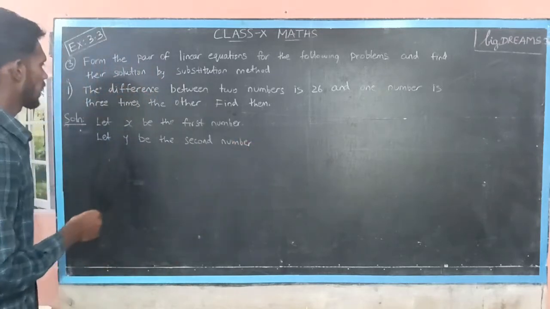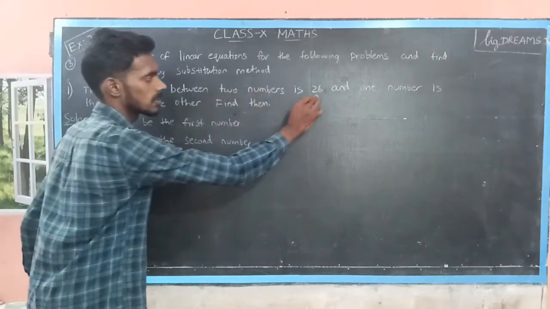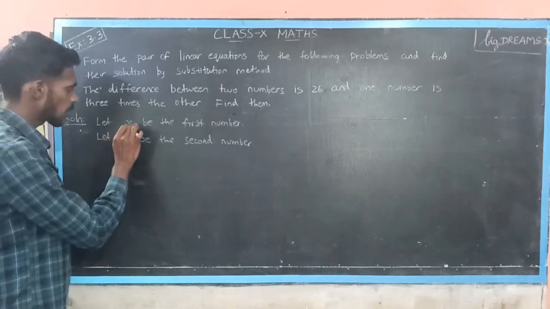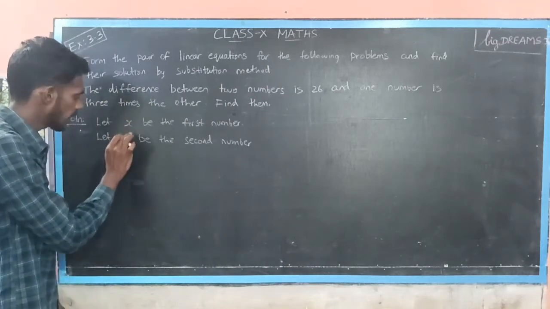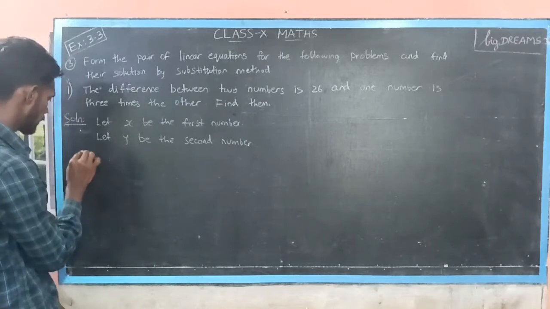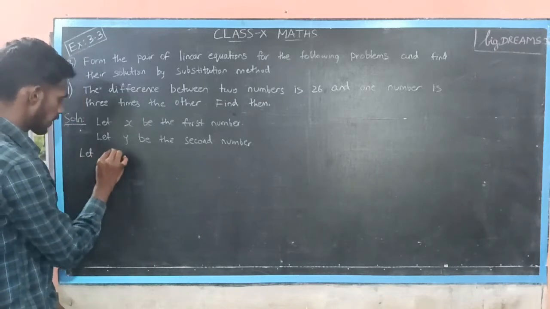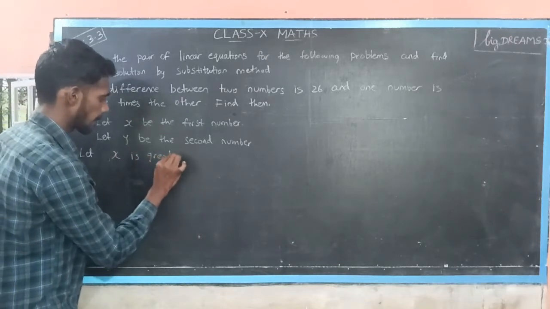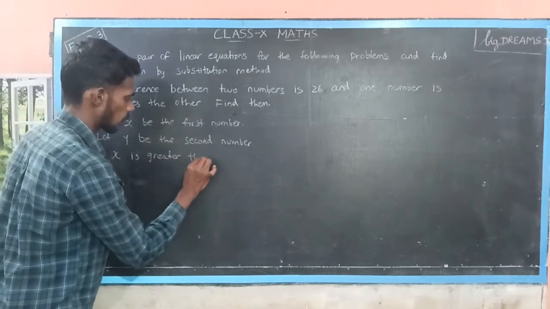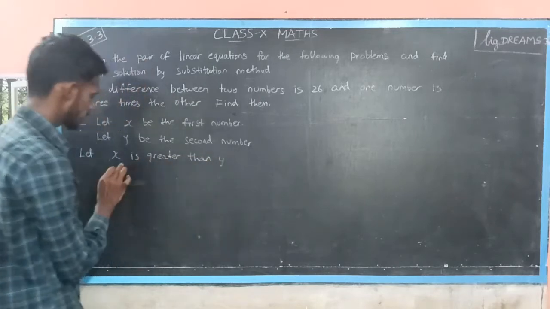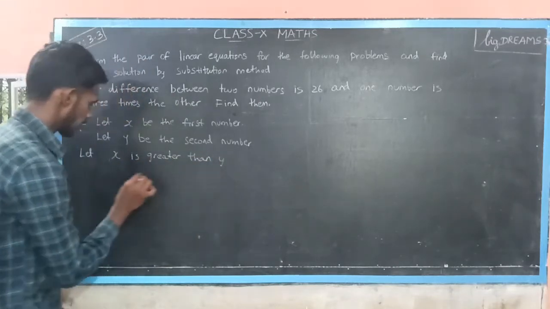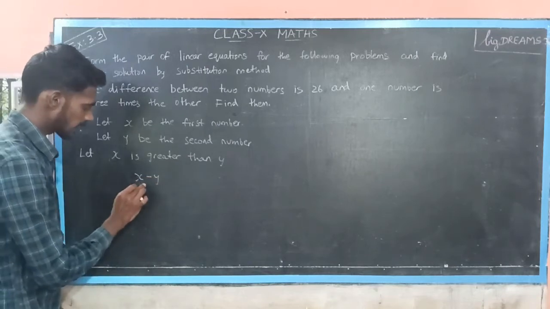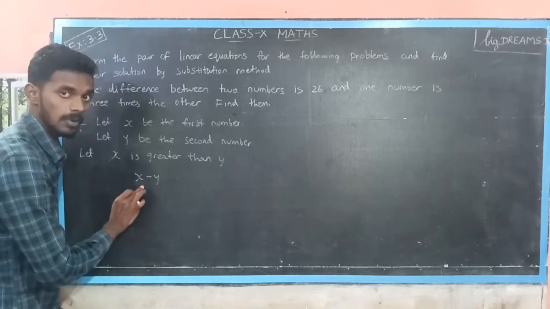They have given the difference between them as 26. So, let us take the value of x to be greater than the value of y. So, if x is greater than y, then the difference is x minus y, because I have to subtract the small number from the large number.